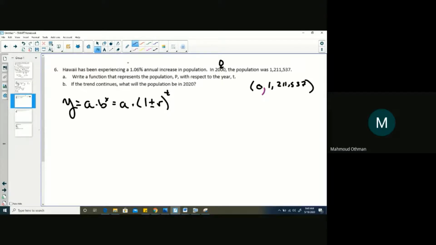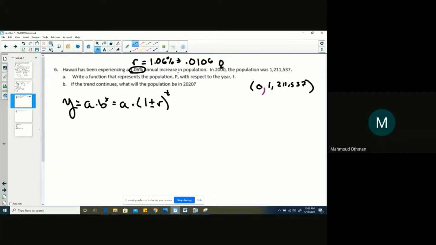And then I have my rate. Each year the population increases by 1.06%, which is going to be our r. Since r equals 1.06%, we need to change that to a decimal by moving it 2 places to the left, which becomes 0.0106. I plug it into this equation right here.